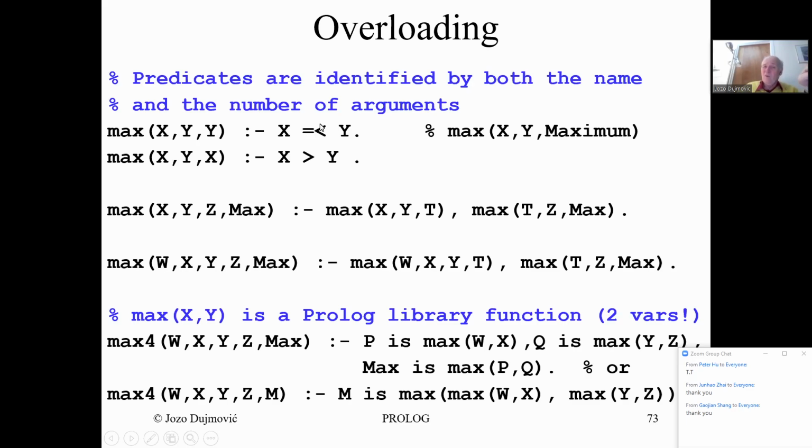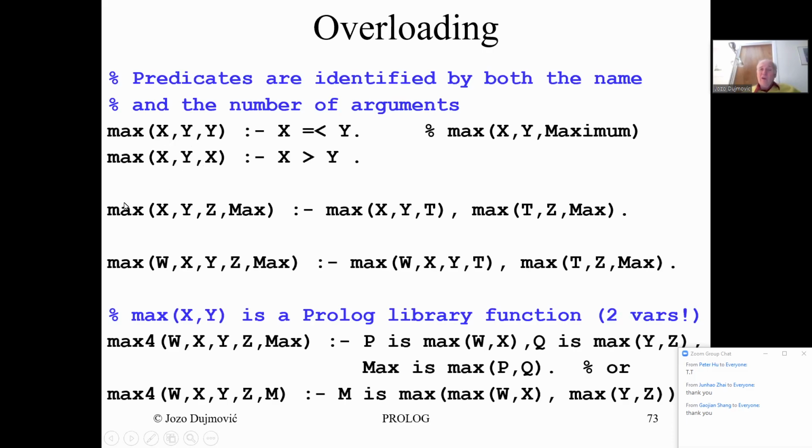But if you have equal and less than, you write it in this way. So it is not the same as what you have in other languages when you have less, equal, and greater. Equal, you always have to write in this way. This is syntax. Then if this is not satisfied, then you go to the second one and satisfy it with X, if X is greater than Y. So this is maximum of two values.